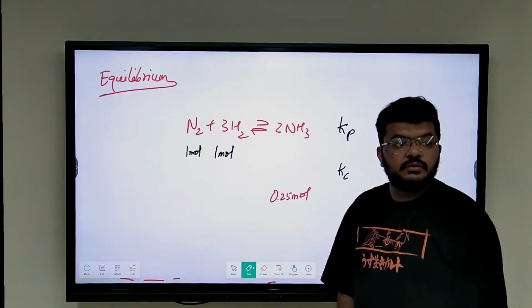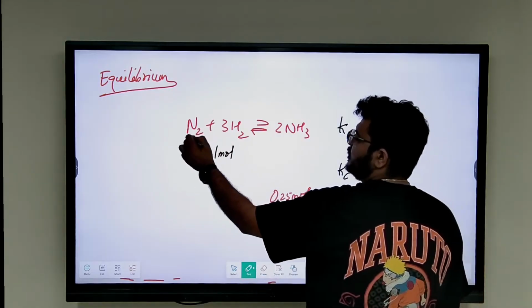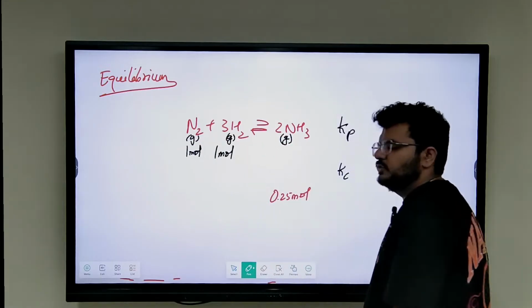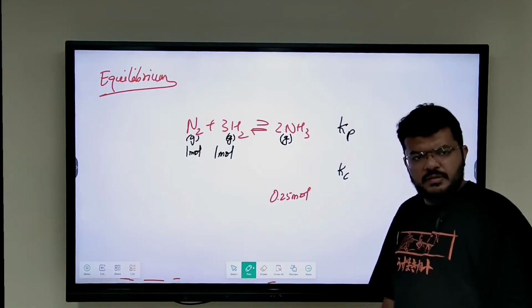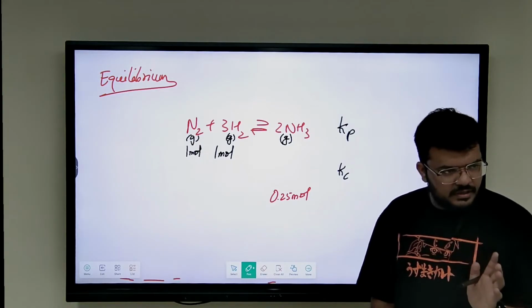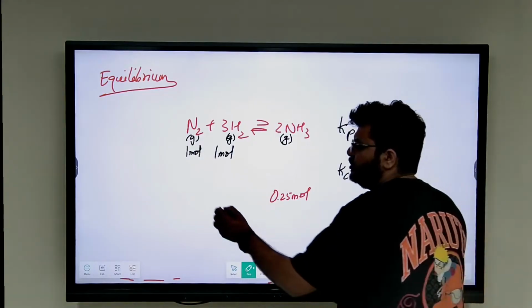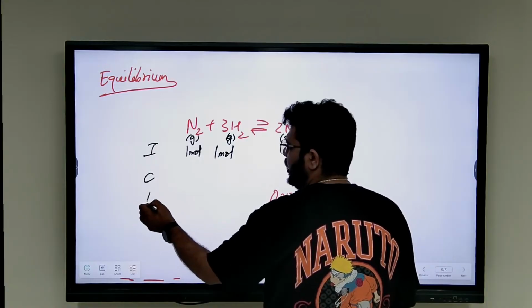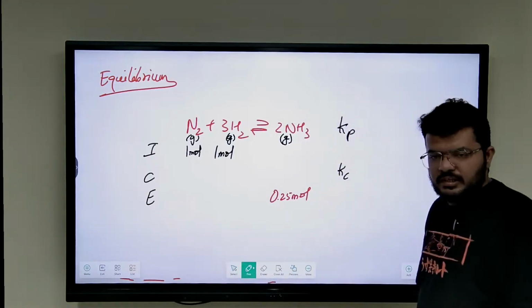Okay, yes. So first write down the state symbols if already not given. Should be given generally, है ना. Kp can be found out using only gases, Kc can be found out for anything, है ना.